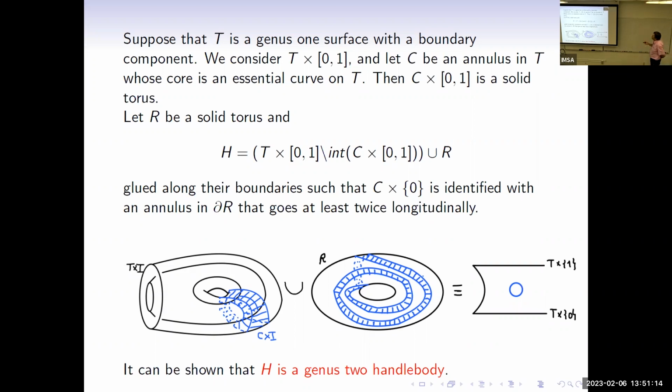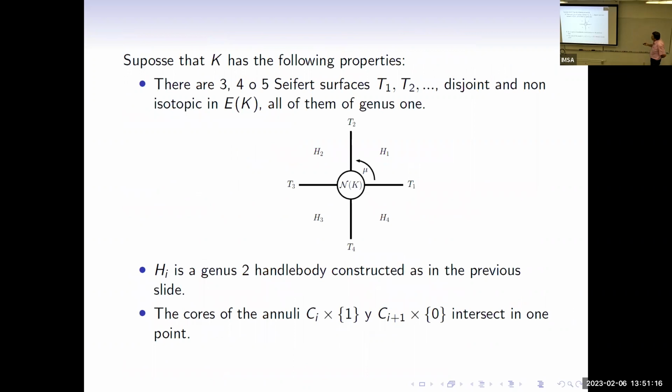Now we take knots with these properties. Suppose we have 3, 4, or 5 Seifert surfaces, disjoint and non-isotopic, of genus 1, so that we have T1 here a simple pair, T2 another simple pair, T3, and T4. Every one of these is a simple pair.